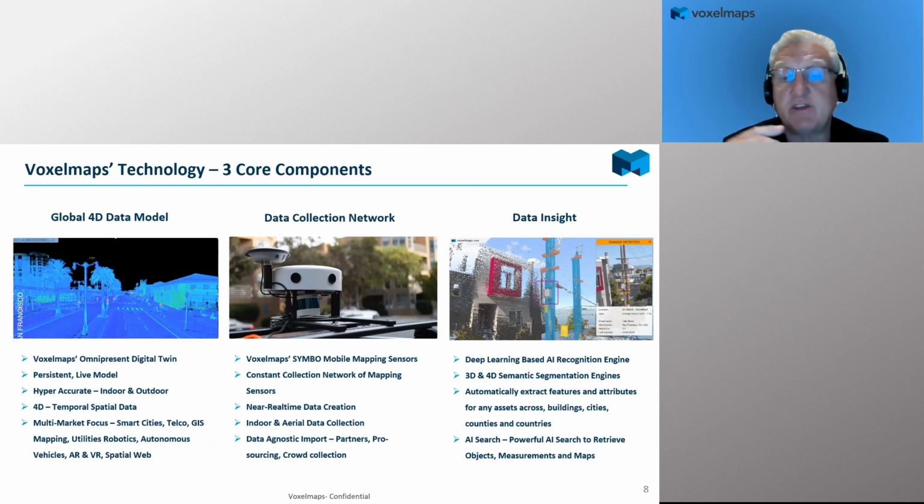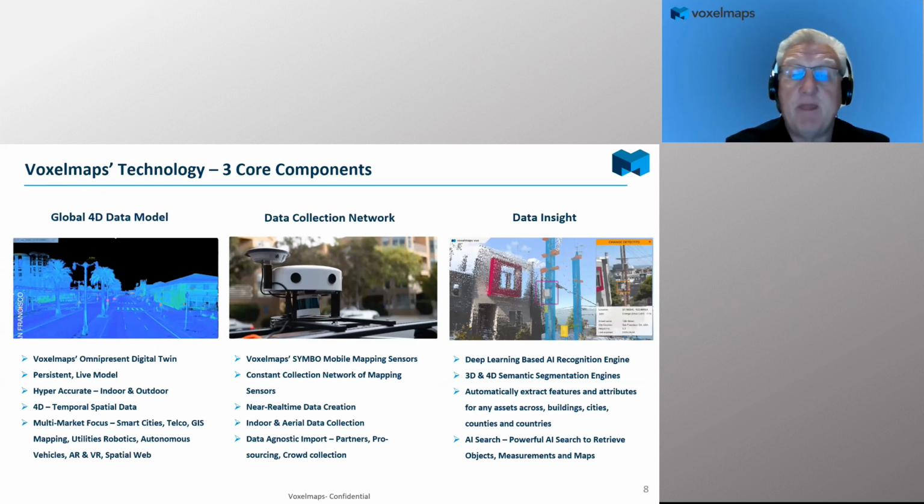But basically, this is just a constant collection network of mapping sensors. Our strategy is to have a pretty substantial network of these Simbo devices out in the field collecting data and providing near real-time data collection. So collecting the data, sending it in near real time to a processing structure that can do the processing and the extraction, and deliver that information back out to the field in near real time.